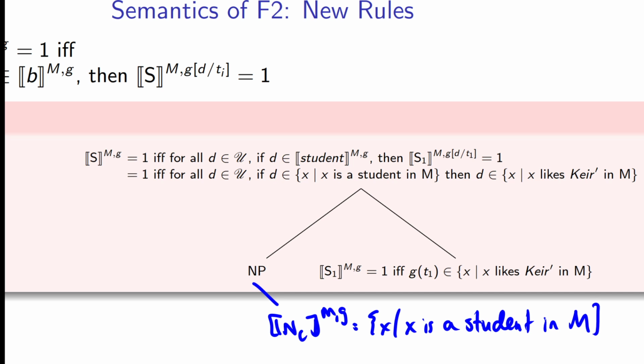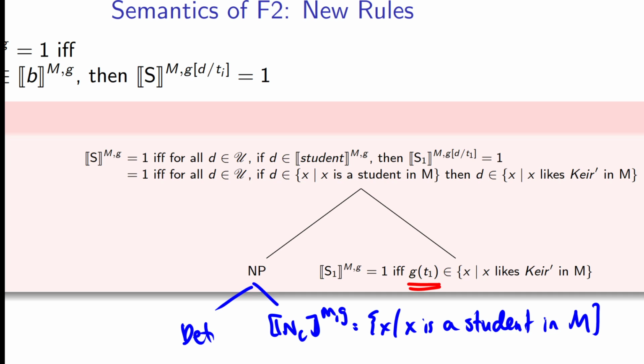Okay, so let's say we have this, and then a determiner doesn't have any meaning we've associated with. So what we've said is that this one here, S1, basically says G of T1 likes Kier. So T1, the trace, likes Kier. So this is true if our trace is in the set of X, such that X likes Kier in M.